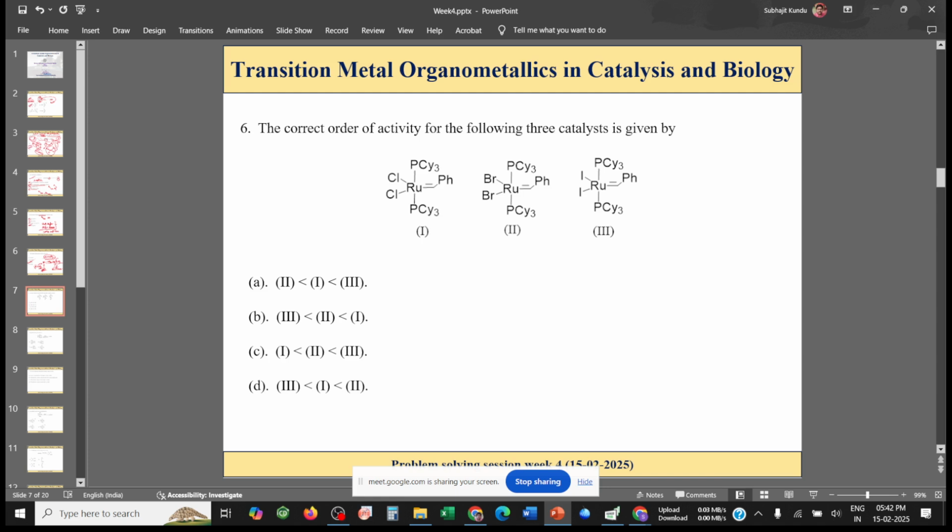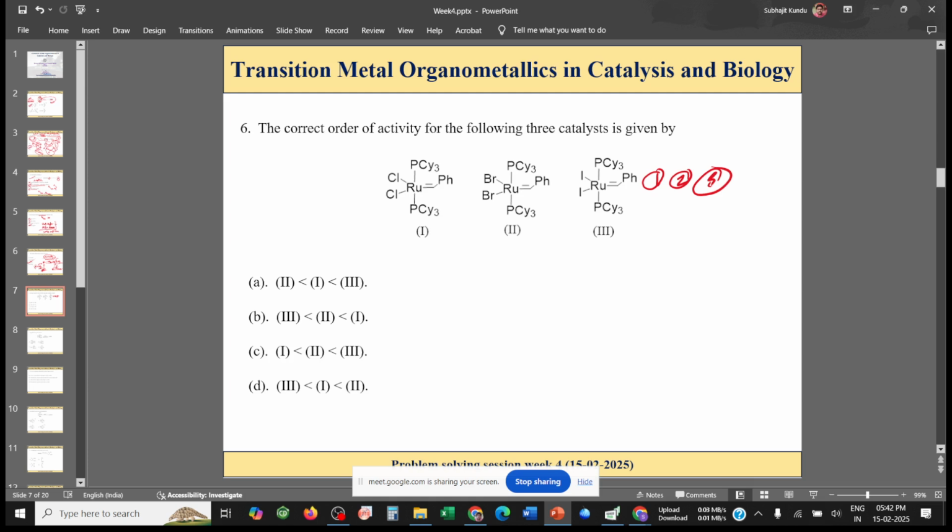So these three points, 1, 2 and 3, make the ruthenium carbene complex very suitable for Grubbs catalyst preparation.